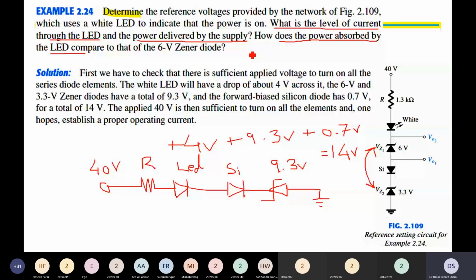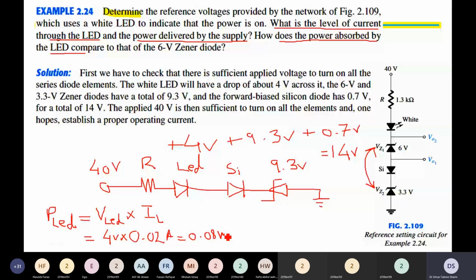It is 4 volts multiplied by the current, 0.02 amperes. 4 multiplied by 0.02 is 0.08 watts. So this is the power absorbed by the LED.